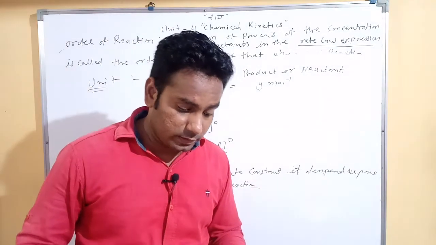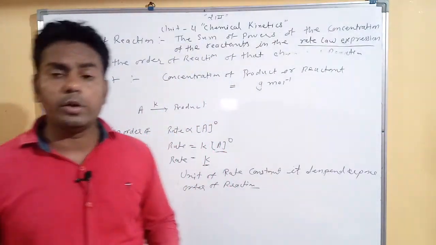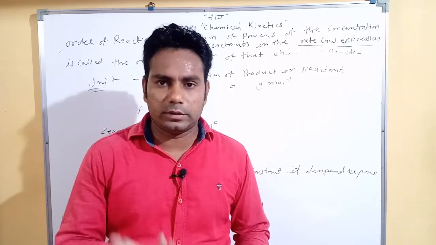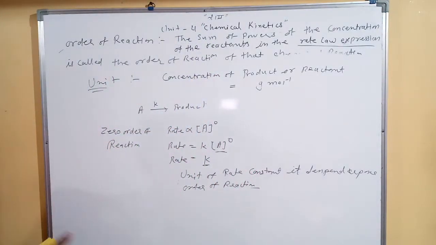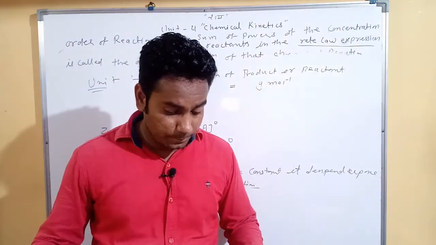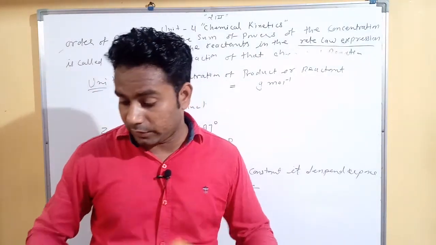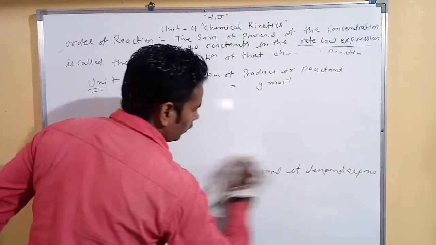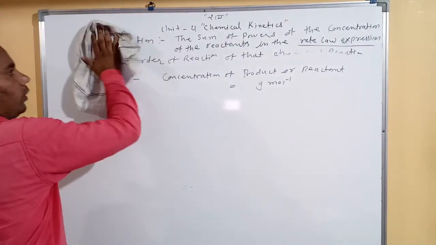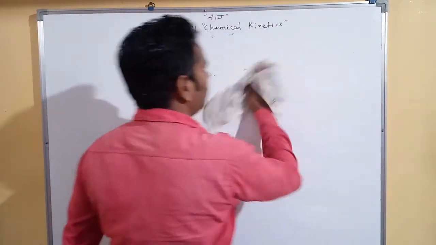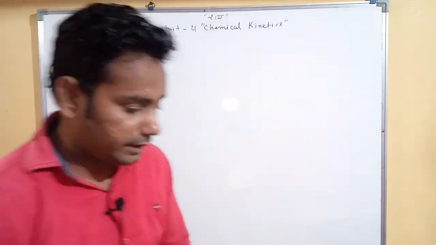Some integration constants and calculations are there for the rate of reaction. We will discuss in our next video the zero order and first order of reaction. Now we start the molecularity of reaction.